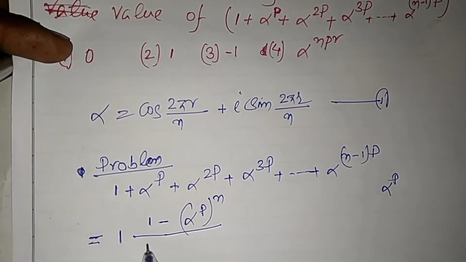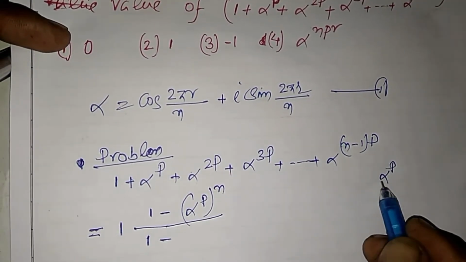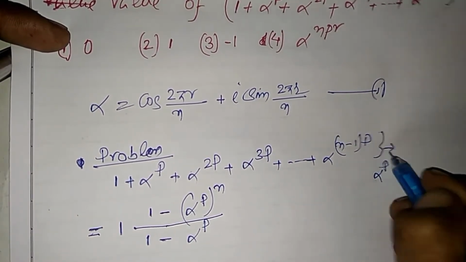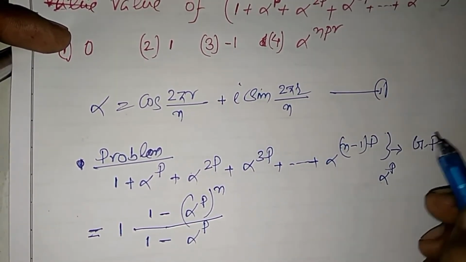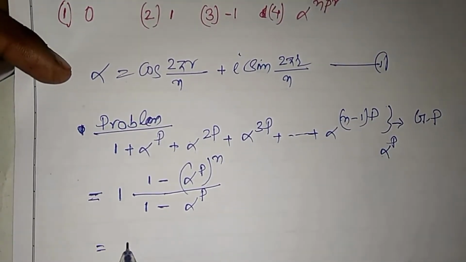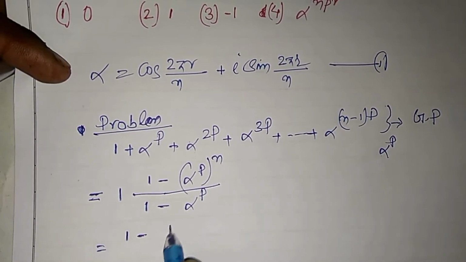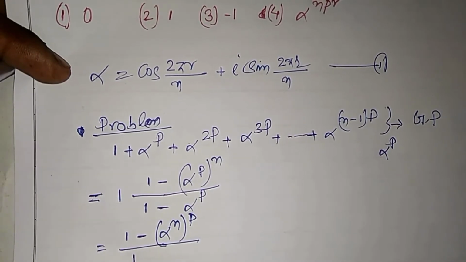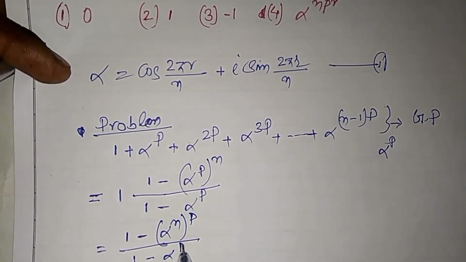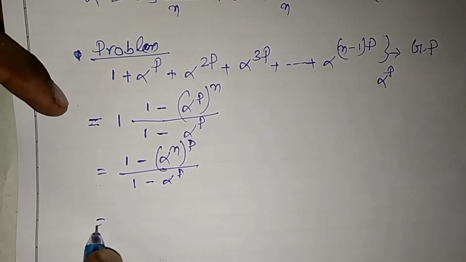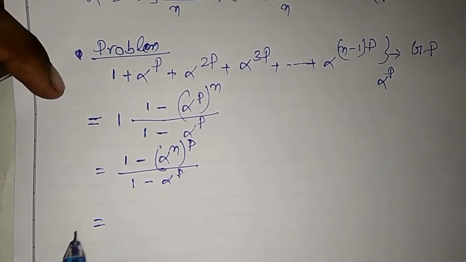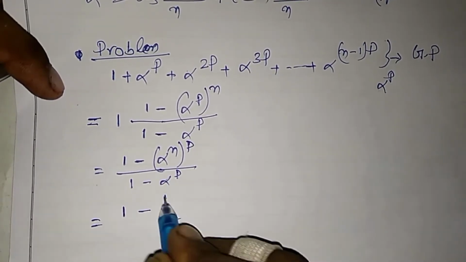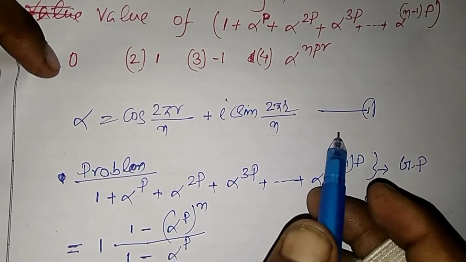Upon 1 minus alpha to the power p. The sum of the GP equals 1 minus alpha to the power n, to the power p, upon 1 minus alpha to the power p. Now I will put here the value of alpha.